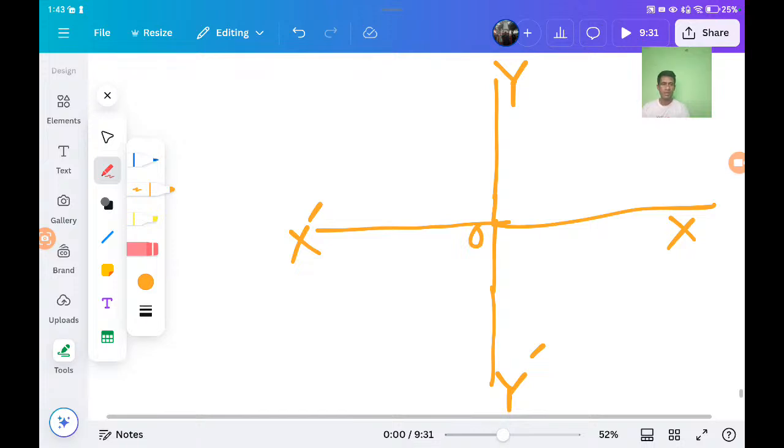Here x and y both plus. Here x minus and y plus, then this is x and y both minus, and here x plus and y minus. So the point -2, -2 is coming to this third quadrant.